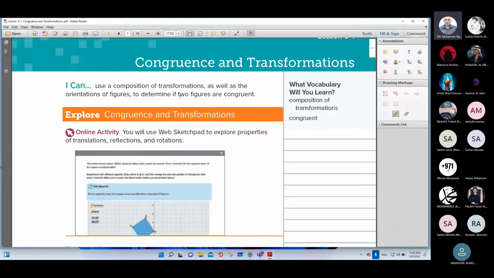As you remember, in the last chapter, we studied transformations. Who can remember what the types of transformations are? Yes, Sultan?